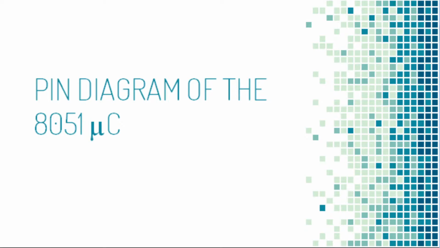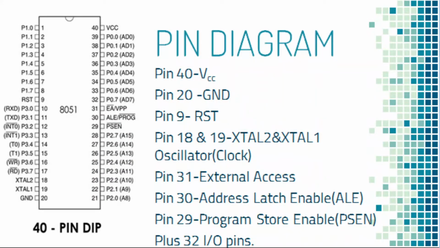Let's have a look at the 8051 pin diagram. We will confine our discussion to a 40-pin DIP, dual inline package. There are 20 pins on the left side and 20 pins on the right side.